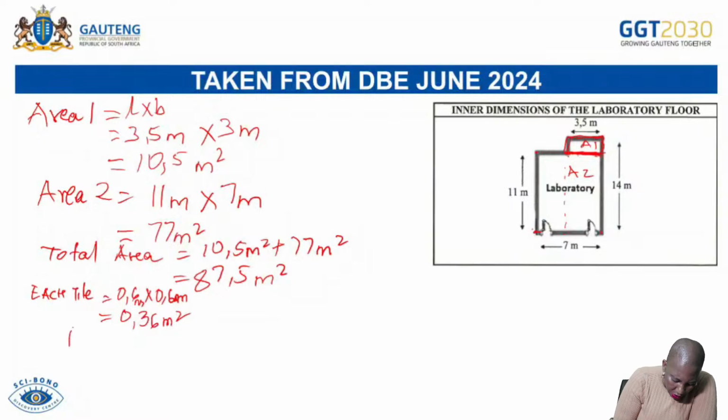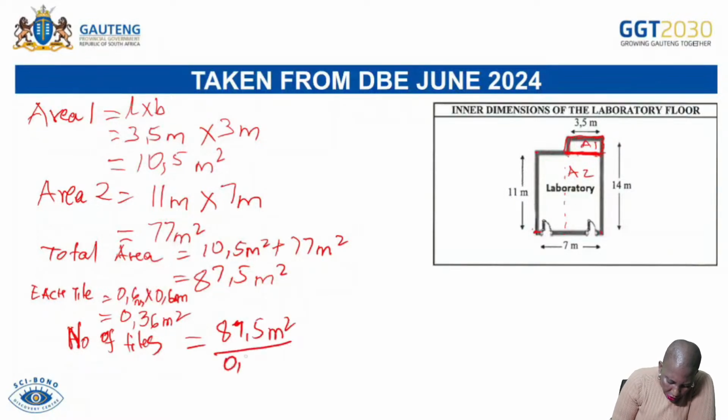So number of tiles will be 87.5 meter squares, you divide it by 0.36 meter squares. So it will be 87.5 divided by 0.36, and then it will give us how many tiles?